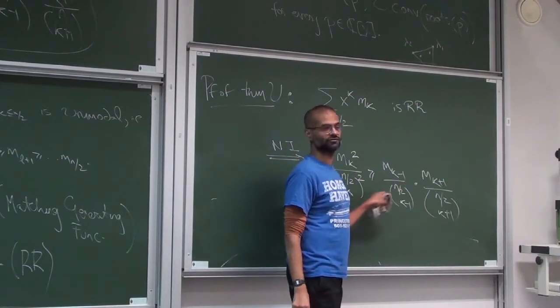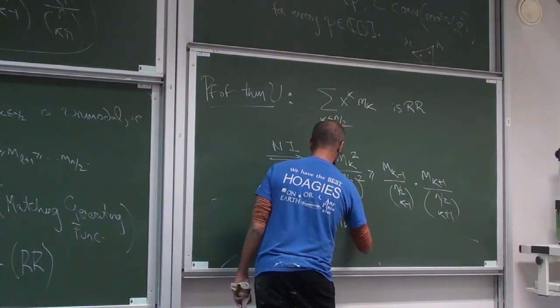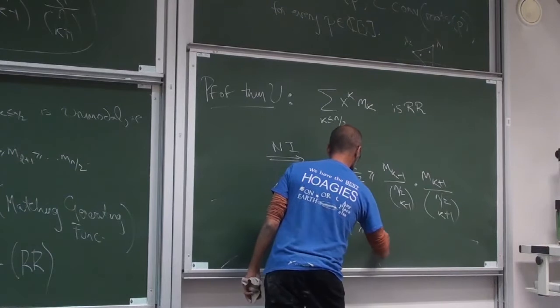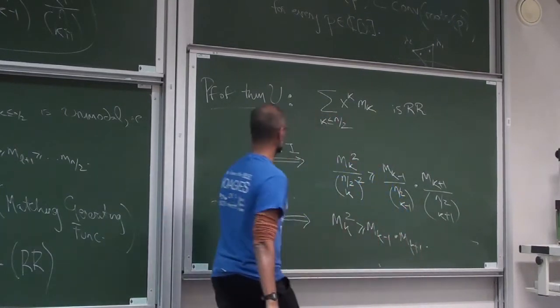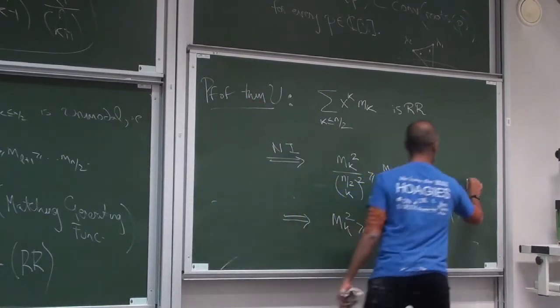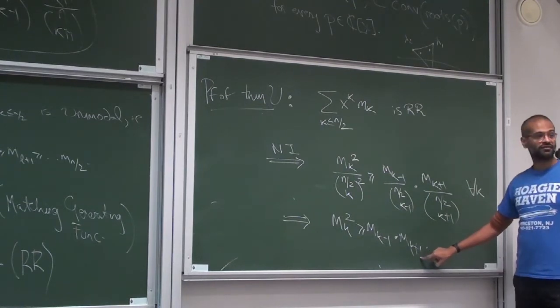If you just expand these out, you get that this ratio is actually bigger than 1. So you get that m_k squared is bigger than m_{k-1} times m_{k+1}. So this is true for all k except for the endpoints. But this actually implies unimodality.